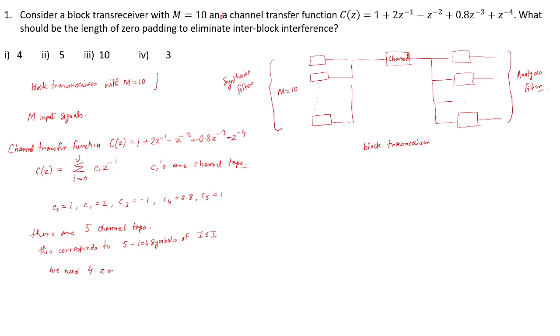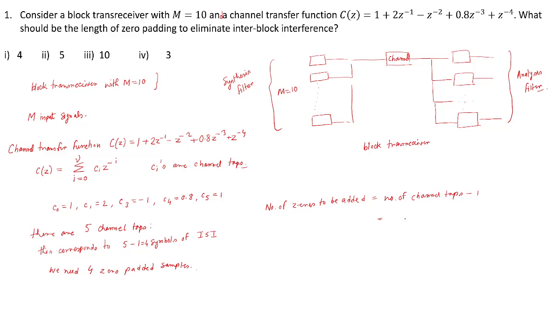4 zero-padded samples. And we are making use of this expression that the number of zeros to be added is equal to the number of channel taps minus 1.